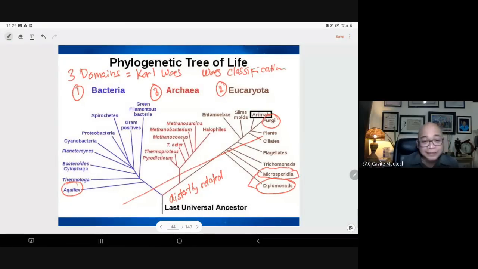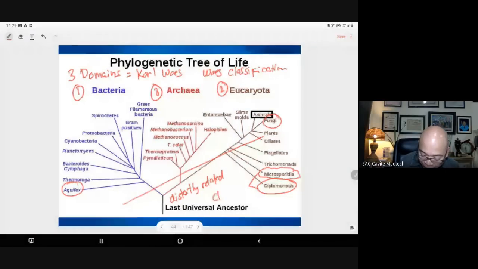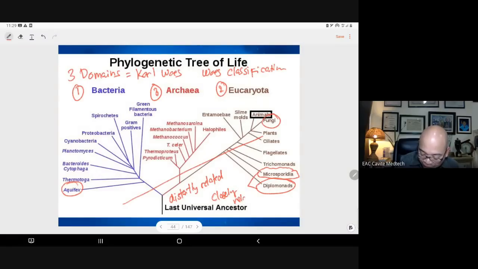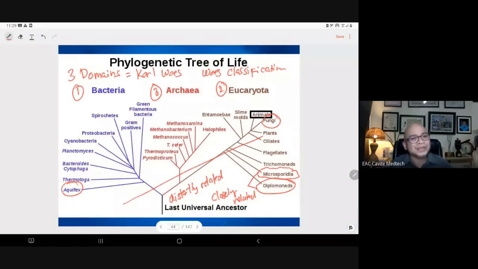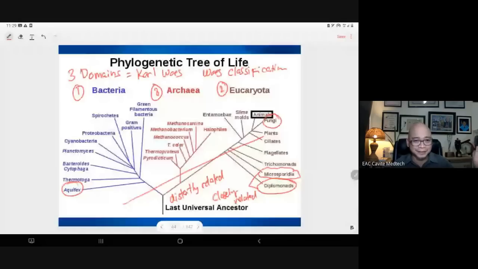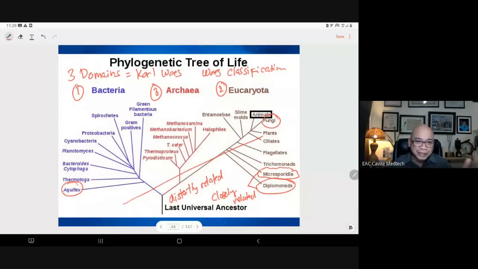So how do we describe this one? They are closely related. So we can say that Archaeobacteria is somehow closely related to bacteria, but bacteria are distantly related to eukaryota. That's how we interpret a phylogenetic tree in bird's eye view.